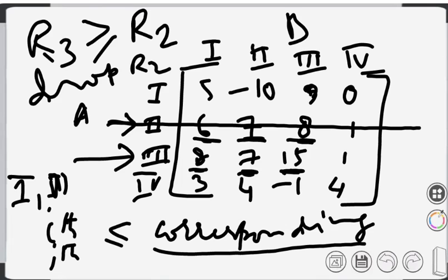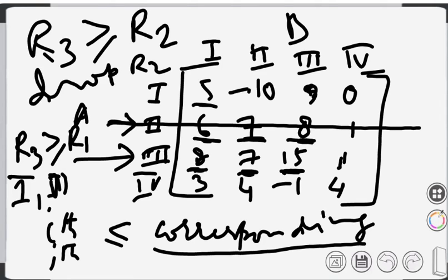Compare them: 5 is compared to 8, minus 10 is compared to 7, 9 is compared to 15, 0 is compared to 1. Again, we can use row dominance. Here R3 is greater than or equal to R1, isn't it?